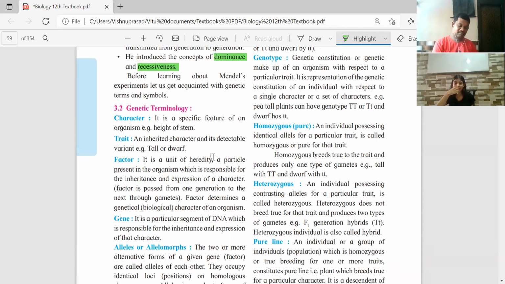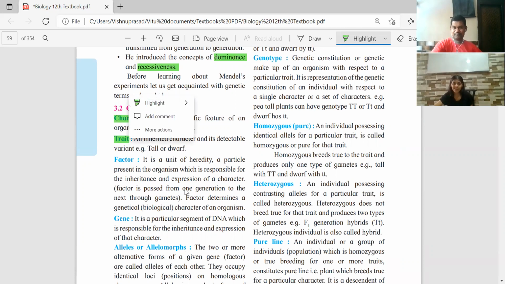So most of these terminologies we can understand in pairs, meaning two together. Like you can understand character and trait together. Okay, character means what? Factor. Any specific feature of an organism.